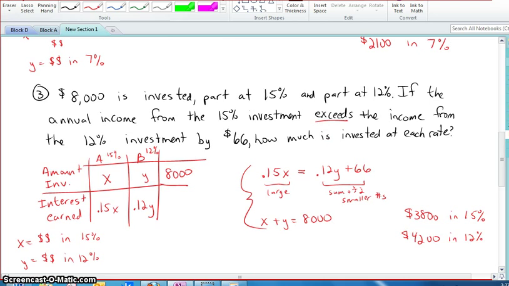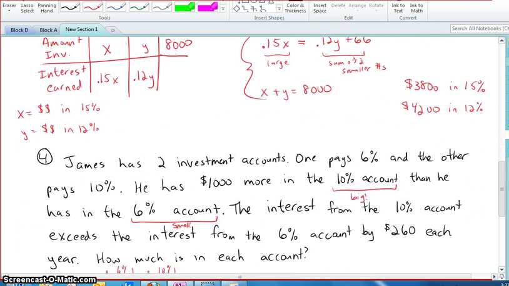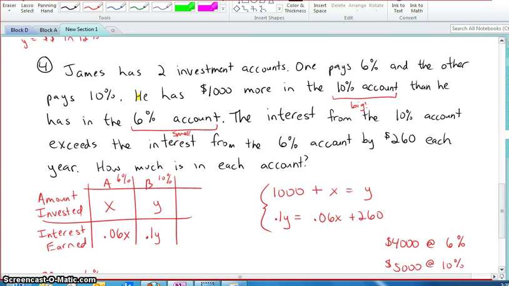The third one gave me a total invested, but then compared the interest. The interest was being compared in these two. And the fourth one gave me a comparison for both of them. The total was compared and the interest was compared. So that's how I get these different equations.